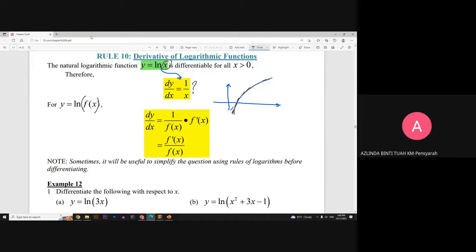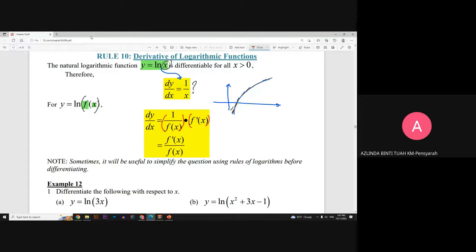Step yang pertama, di bahagian sini, 1/fx, so ambil dia punya function ni, yang fx ni salin letak di bawah. Okay, second step, seterusnya kita akan differentiate dia punya function tadi untuk step yang kedua. Okay, clear? Step pertama, 1/function.